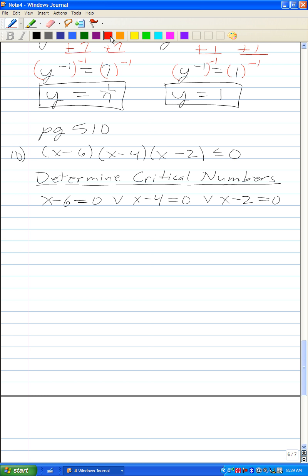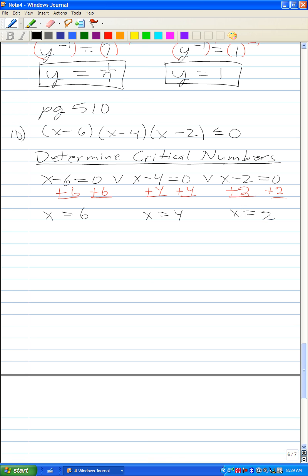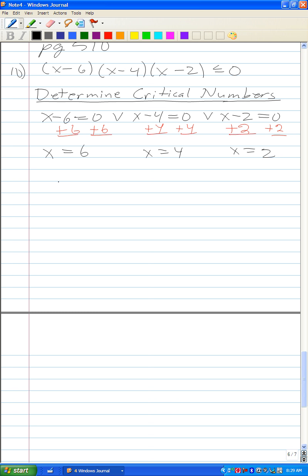Add 6 to both sides of your equation. Add 4. Add 2. So x is equal to 6, x is equal to 4, x is equal to 2. So those are my critical numbers. Let me place those critical numbers on my number line. So I have here 2, 4, 6.